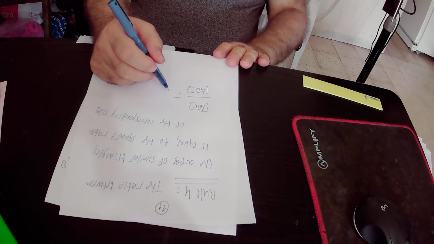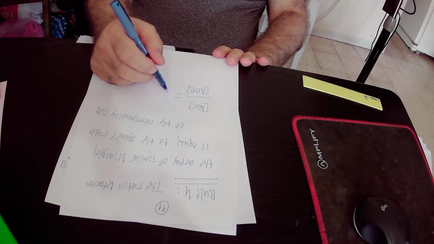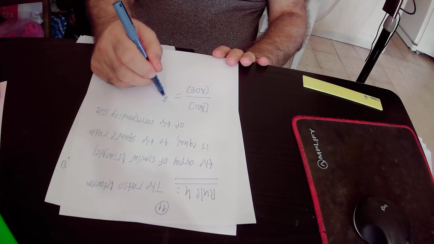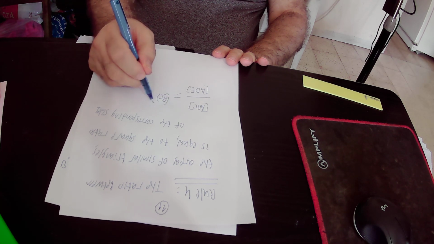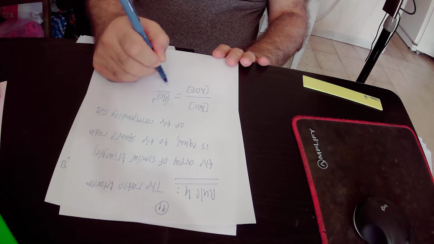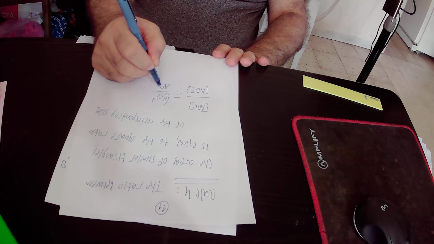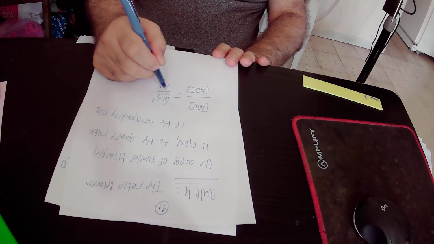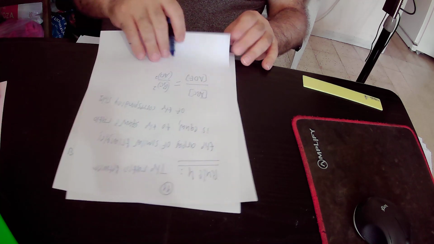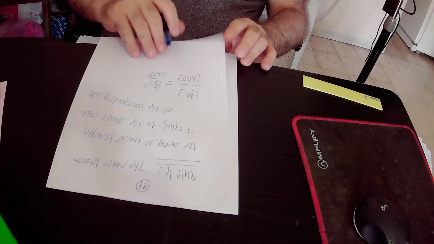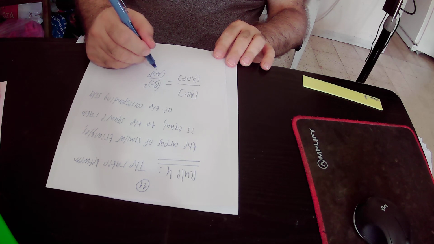And the square ratio of the corresponding sides is BC square over DE square.